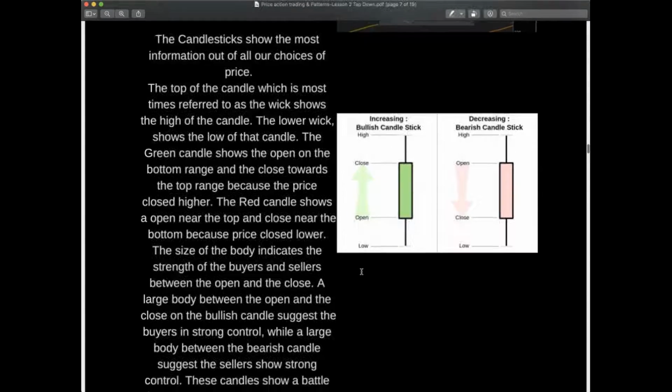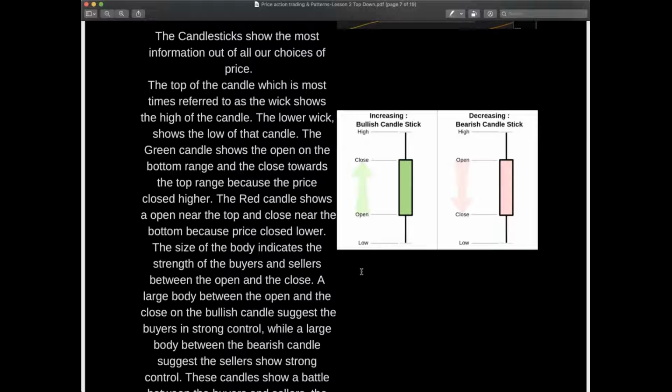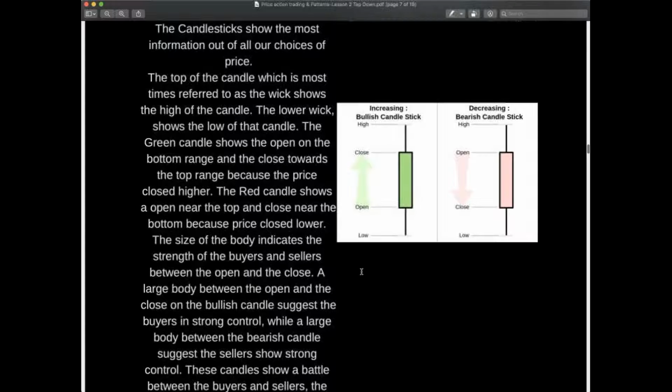The candlestick shows the most information of all of the choices of price. The top of the candle, most times referred to as the wick, shows the high of the candle. The lower wick of the candle shows the low of the candle.